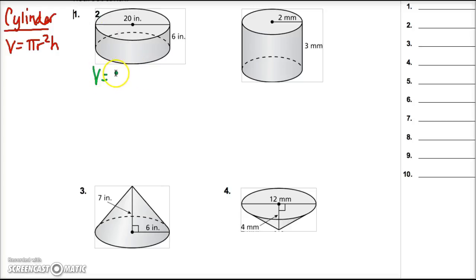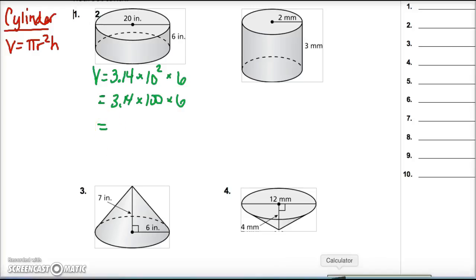So volume equals pi, which is 3.14, times the radius squared. Remember, your radius is only halfway across the circle. If all the way across is 20, that means halfway across would be 10. So 10 squared times the height, which is 6. So I have 3.14 times 10 squared, which is 100, times 6.